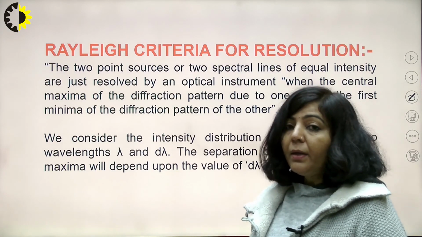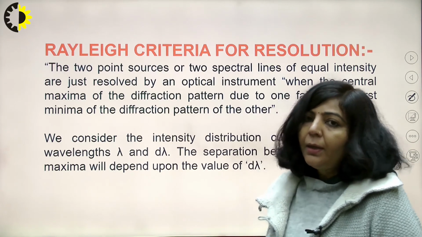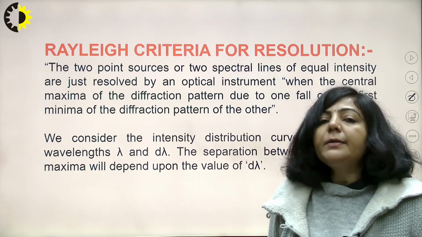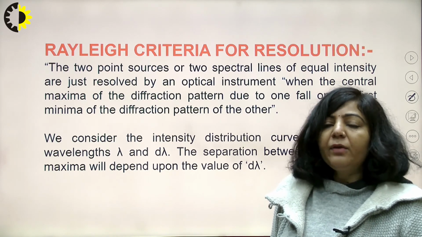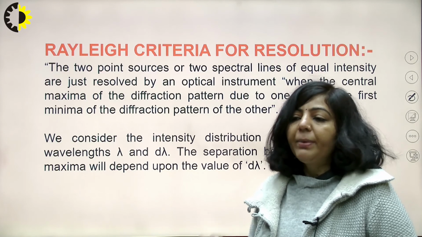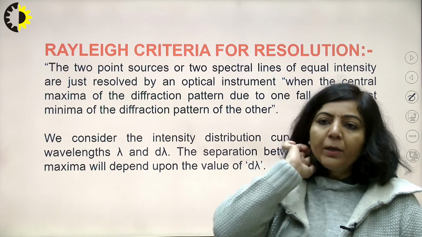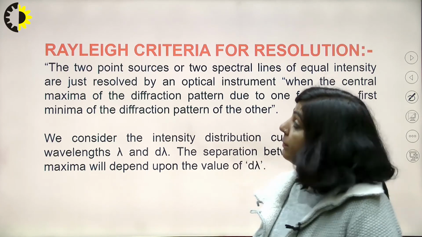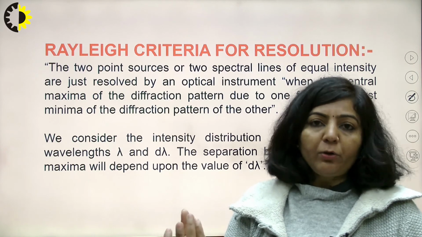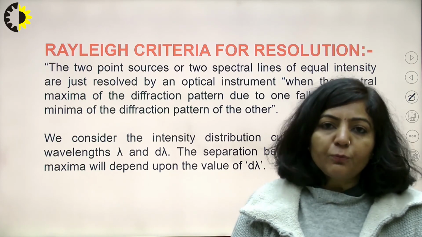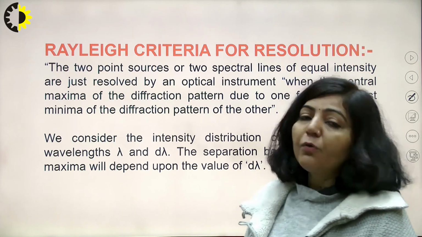The topic of next discussion is the resolving power of a grating, and the criteria under which you can resolve with the help of an optical instrument or a grating. The criteria under which you can differentiate between two point objects, or between the diffraction patterns of two sources, is known as the Rayleigh criterion of resolution.